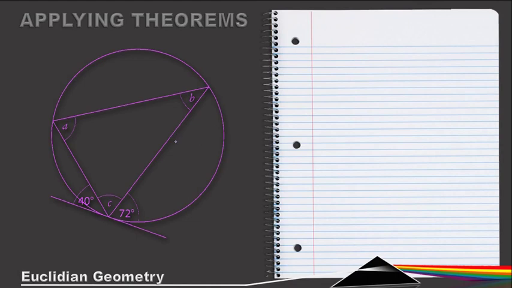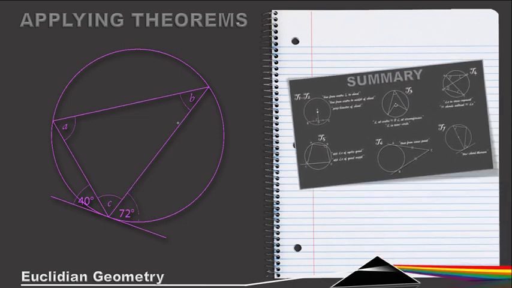Then for the next question, now we need to find A, B, and C. And if we look at our theorems, we can see that this is the tan-chord theorem that we're going to use. So first of all, we know that this angle is equal to A, and we also know that this angle is equal to B, both of these by the tan-chord theorem.